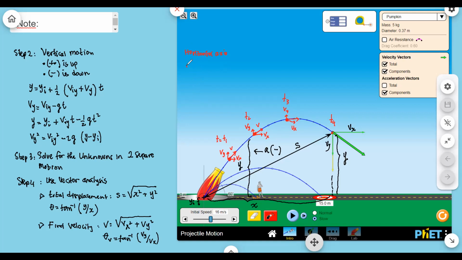So the graph is like this, starting from the original, continue, this, and the last one is this point. So this is the horizontal motion.